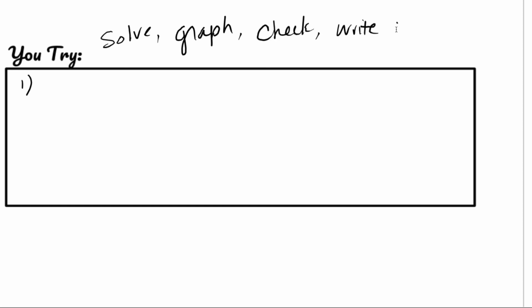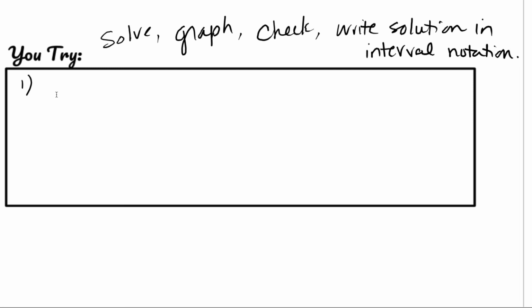So that's what I would suggest. Solve, graph, check, and write your solution in interval notation.